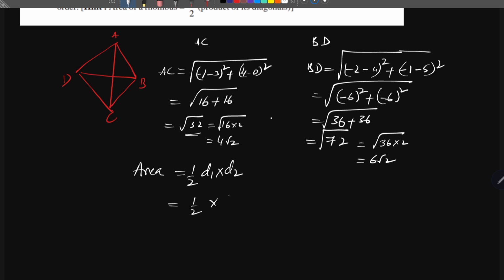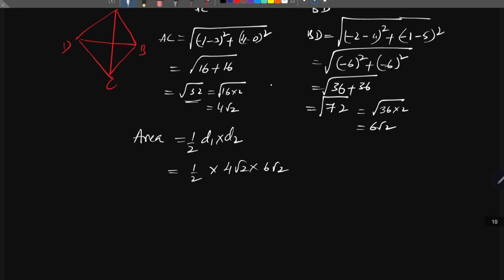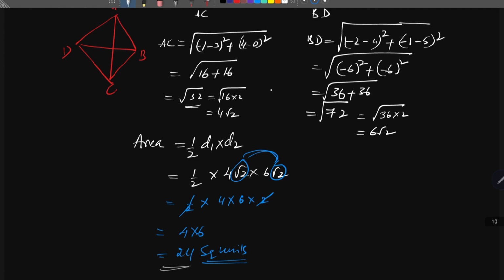Okay, then replacing 4 into root 2, again 6 into root 2. Now identify very carefully, root 2 into root 2 is 2. Okay, then 1 by 2 into 4 into 6 into this together product is 2. So this 2 cancels. The answer is 4 into 6. So 4 sixes are 24 square units. Okay, the area is always in square units. Therefore, the area of the rhombus required is 24 square units.